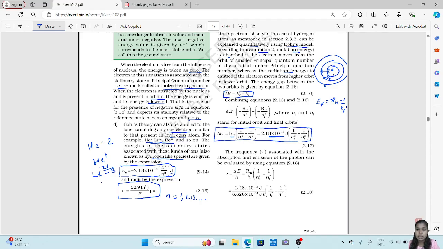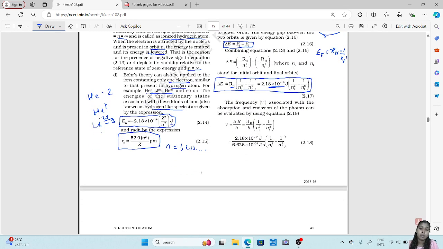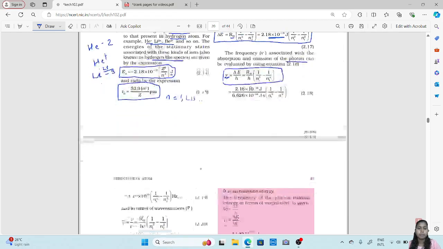The frequency associated with the absorption and emission of the photon can also be evaluated. How? Using the same formula, where RH is the Rydberg constant and h is Planck's constant. Both constant values you know, so you can calculate the frequency associated with the emission or absorption of the photon.